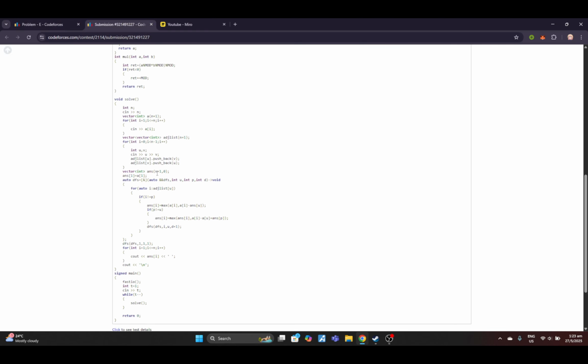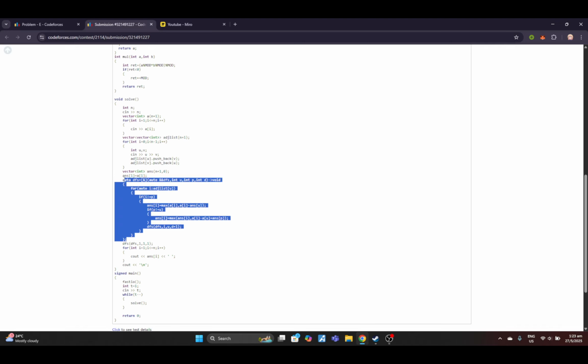Okay, so everything is the same here. I just transferred everything. The d is actually not needed, I forgot to erase this. But we need to make sure that answer 1 equals a1, because in my implementation I will not detect a1 here.